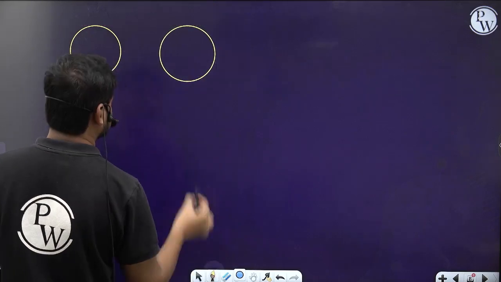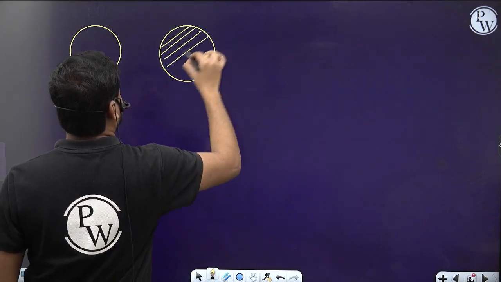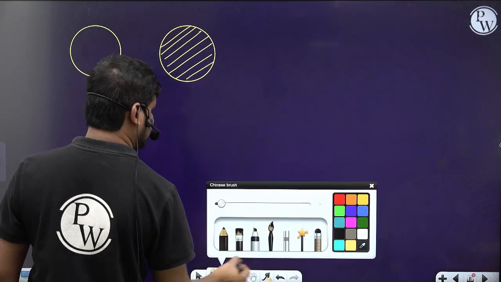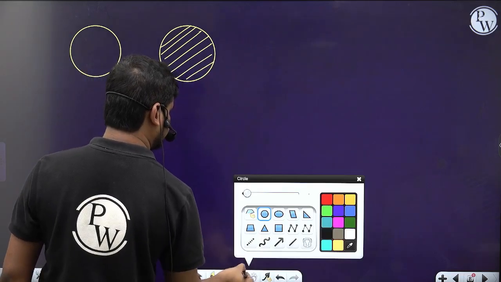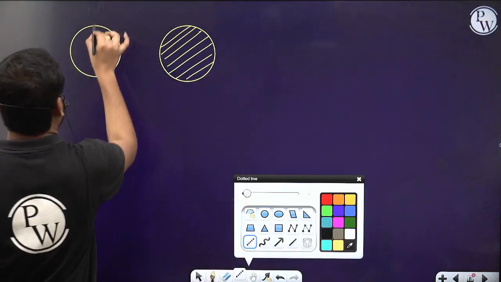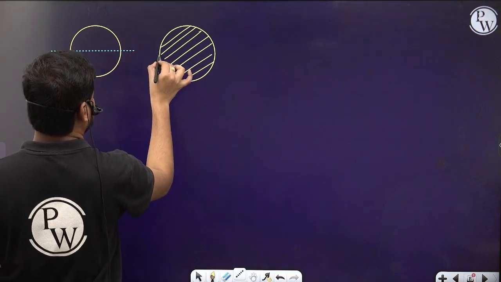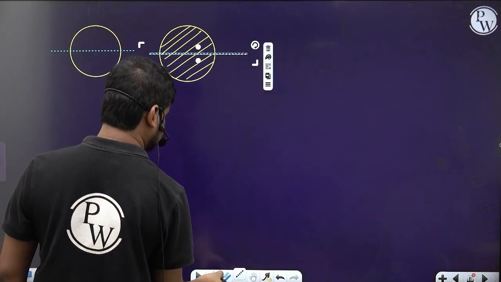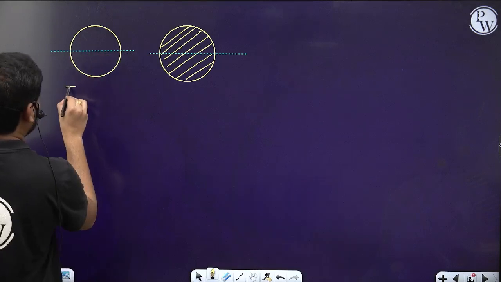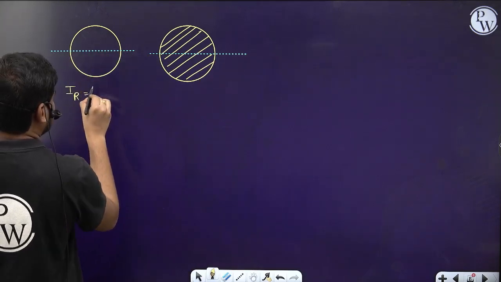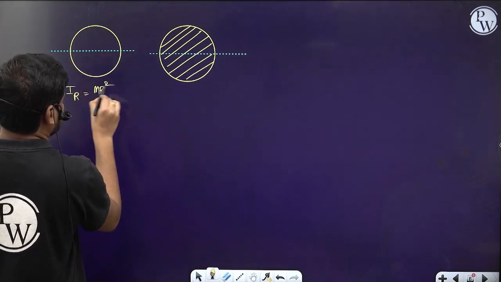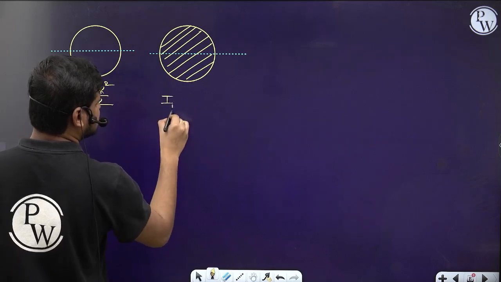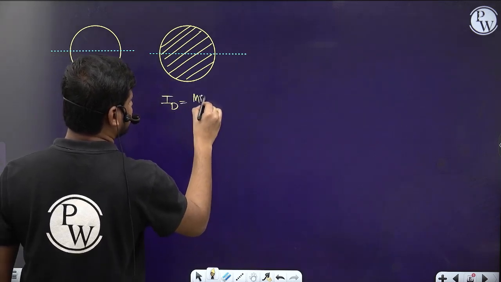For the ring I am taking about its diametrical axis. For the disc also I am taking about its diametrical axis. Then the moment of inertia for the ring about its diametrical axis is mr square by 2. The moment of inertia for the disc about its diametrical axis is mr square by 4.